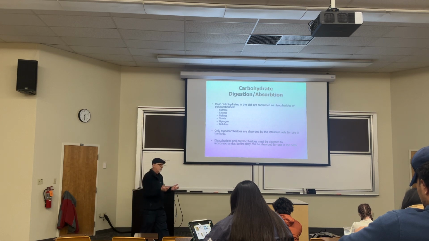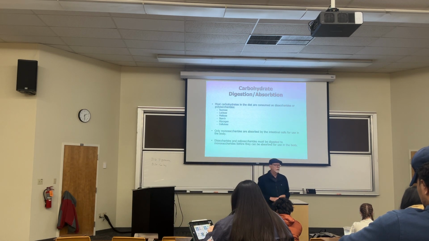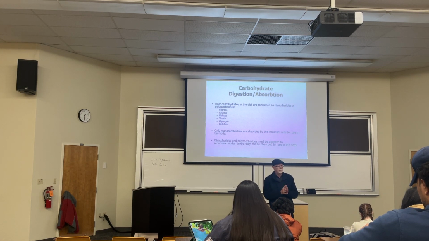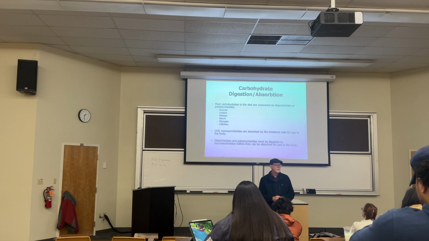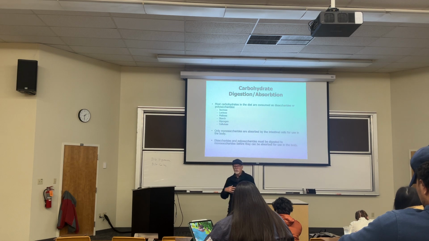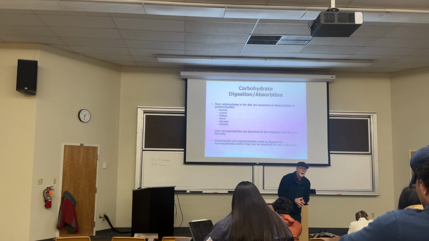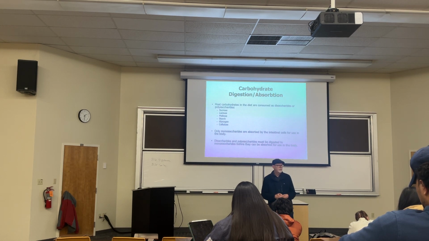Then we have disaccharides, which are two sugar units connected by a glycosidic bond. And then we have monosaccharides, right? What we need to do is take any of our polysaccharides and digest them all the way down to monosaccharides, and take any of our disaccharides and digest them all the way down to monosaccharides. We then can absorb the monosaccharides into the blood.